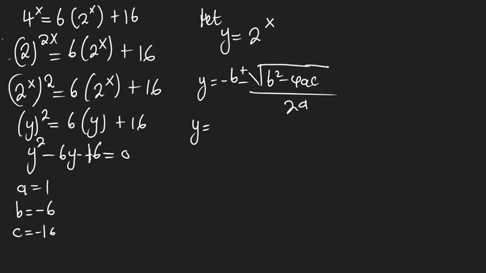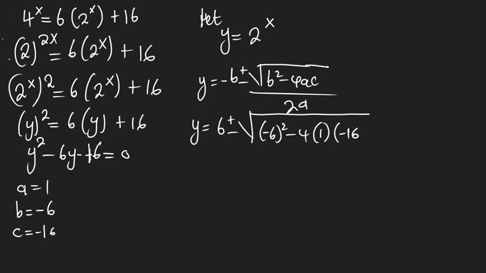So y is equal to, our b is negative, so it's going to be positive 6 plus or minus the square root of b to the power 2. So this is negative 6 to the power 2 minus 4. What is a? It's 1. What is c? It's negative 16. Then this will be 2 because a is 1.